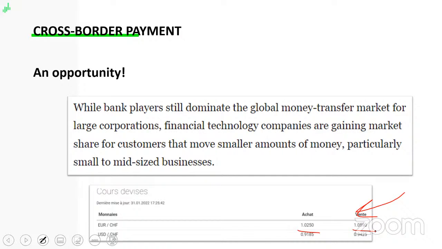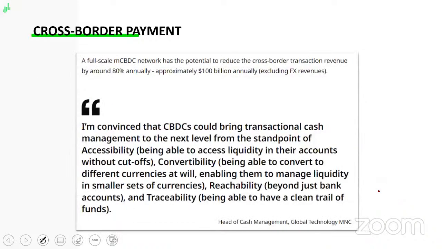And also to target very small businesses that are paying huge fees for no reason for their cross-border payments. So this company, for example, it will be awesome if we can onboard them and replace their legacy Forex architecture.